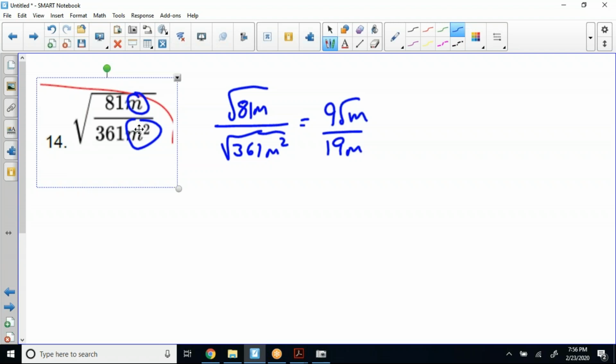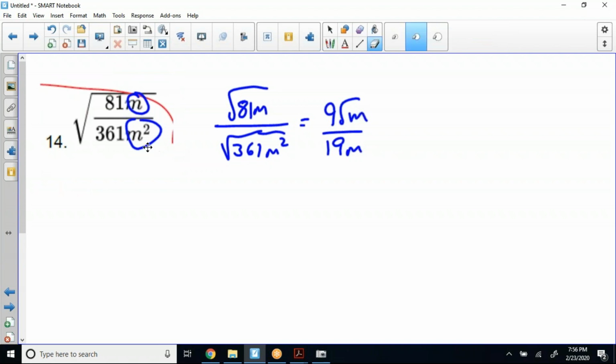That would leave me with a square root in the denominator, and we wouldn't want to do that. So just recognize that I can split it. This was m squared, so that's great. It would come out because it's a pair of 2, and then 361 is a perfect square. Okay, so hopefully that helps.